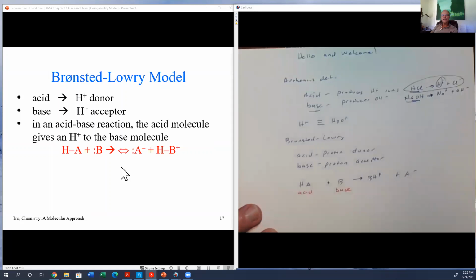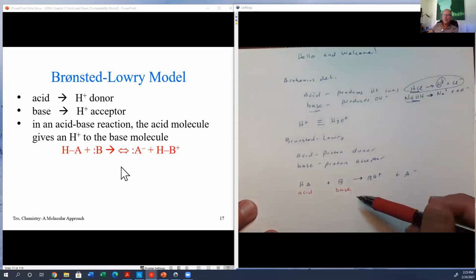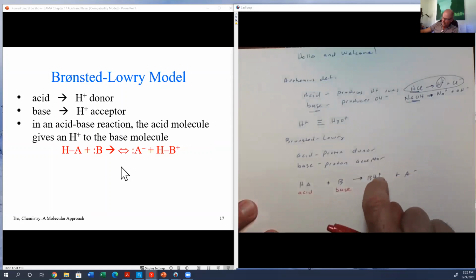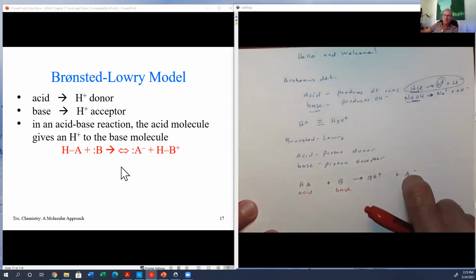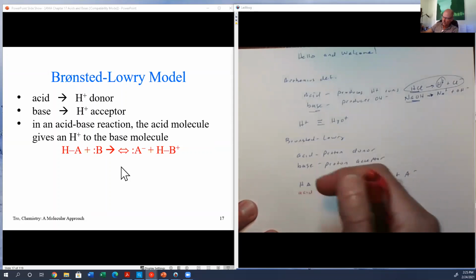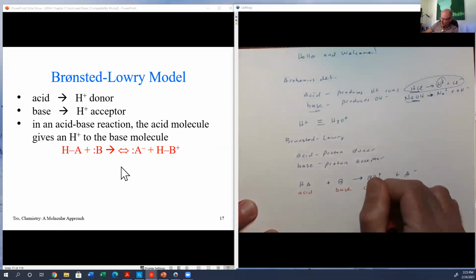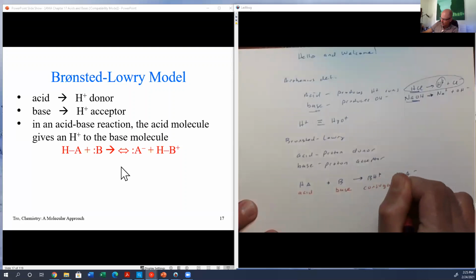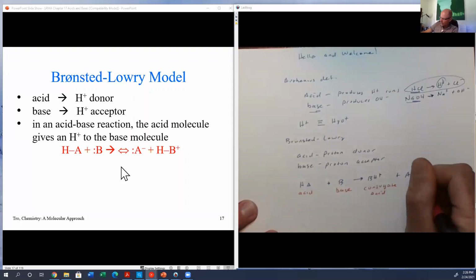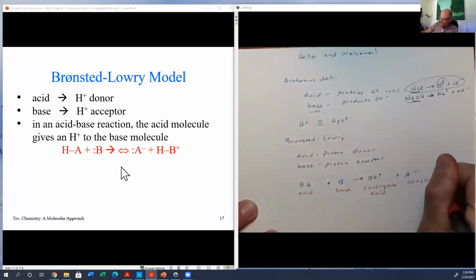In the Bronsted-Lowry definition, we also have conjugate acids and conjugate bases. You can think about what would happen in the reverse reaction. In the reverse reaction, this becomes the donor and this becomes the acceptor. So we call this the conjugate acid, and we call this the conjugate base.